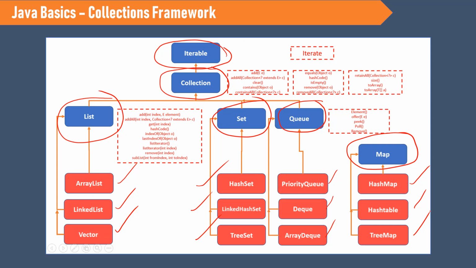What are the advantages or benefits of this collections framework? It has high performance. Using this framework, we can create different types of collections. That means if you want a string object collection or an integer object collection, or any different types of collections, we can create them.